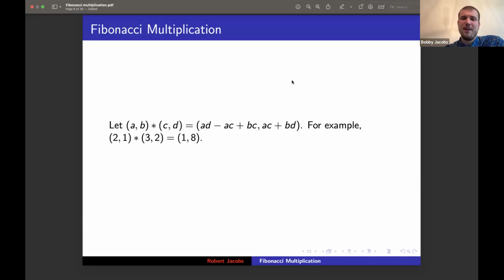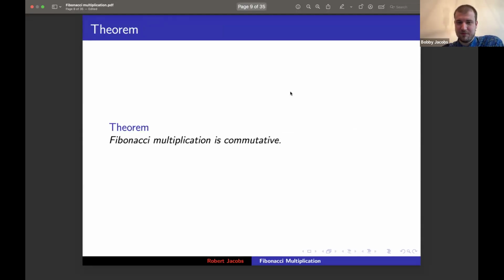For example, (2,1) times (3,2) is (1,8). That's basically the Lucas numbers, the 2, 1 sequence, and then the 3, 2 sequence. If you multiply them, you get the 1, 8 sequence.